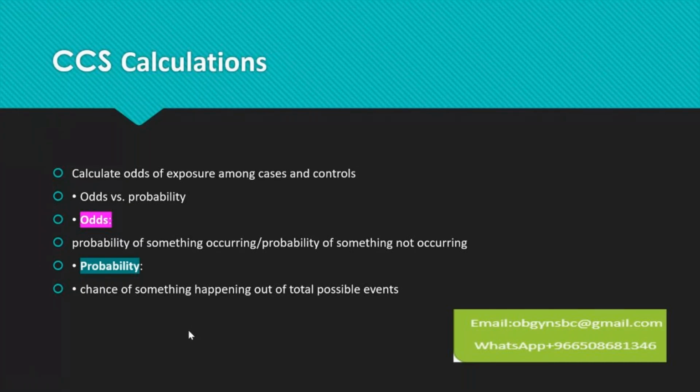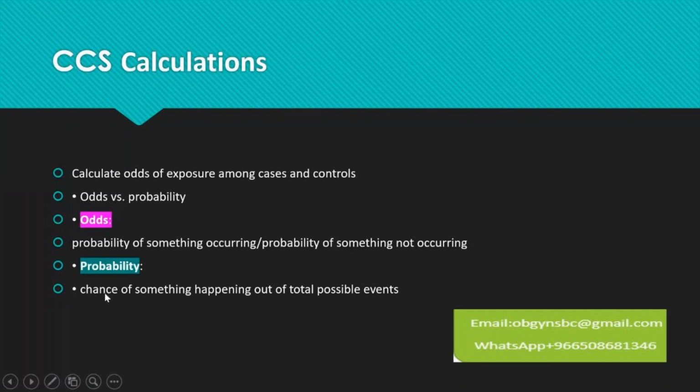What is odds ratio? This is the probability of something occurring divided by the probability of something not occurring. So odds ratio is also a measure of association for a case control study, and it quantifies the relationship between an exposure, such as eating food or attending an event, a party where somebody ate something, and a disease in a case control study.